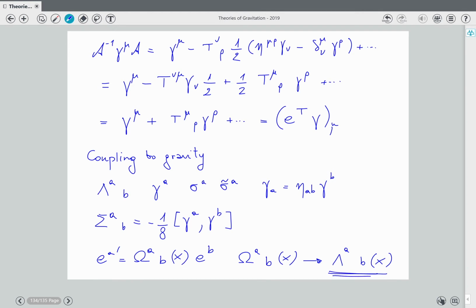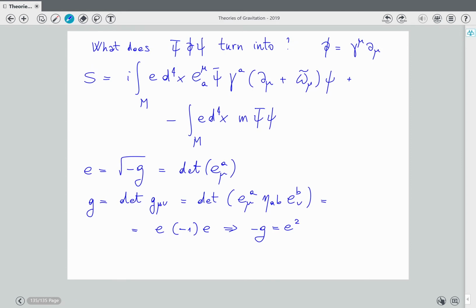This can be achieved, as we will show, by defining this omega tilde mu as sigma AB omega mu BA, where omega mu BA is the spin connection, and sigma AB is -1/2 the commutator of two gamma matrices.